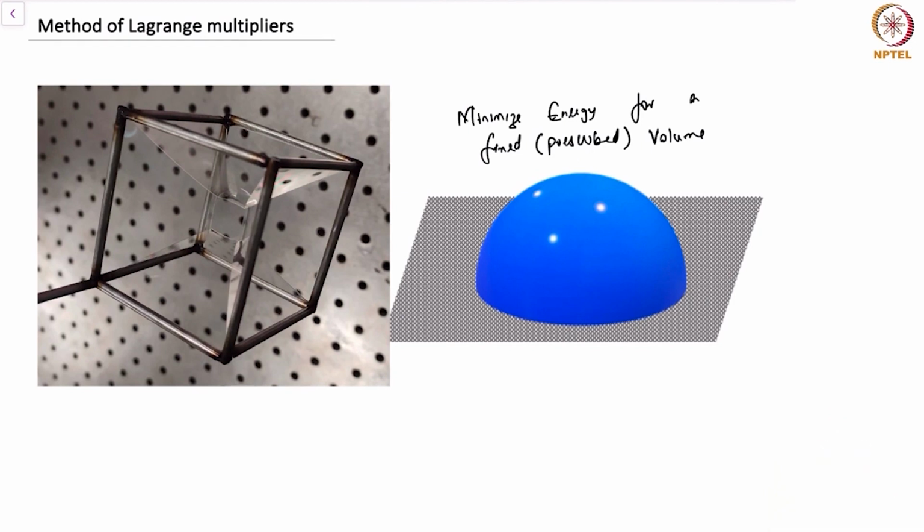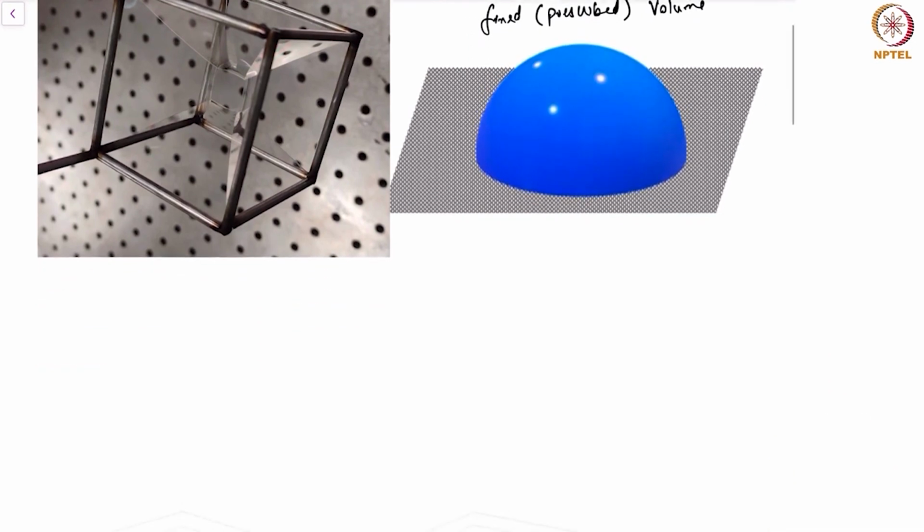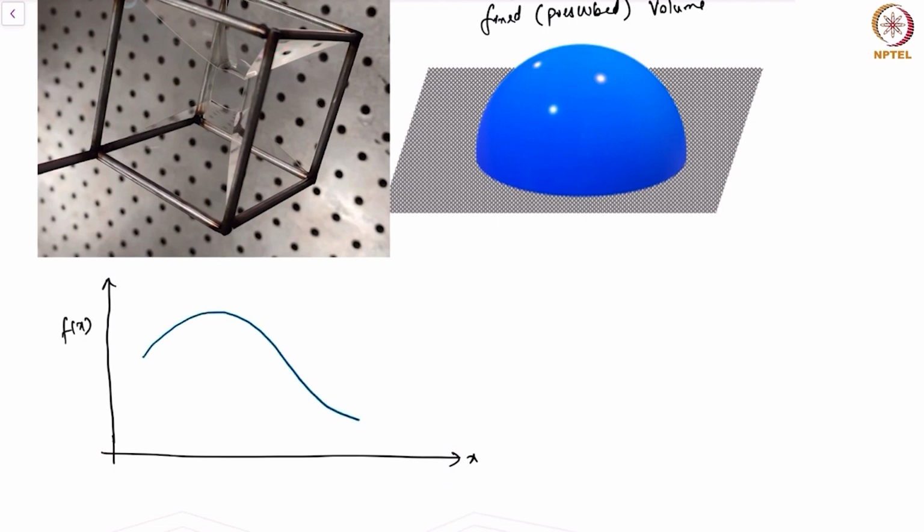Now let's take a very simple problem before we do this. So I am just drawing a simple function. Let's say I take a coordinate system, a 2D system like this, with f of x versus x, and I have some arbitrary function which may look like this.